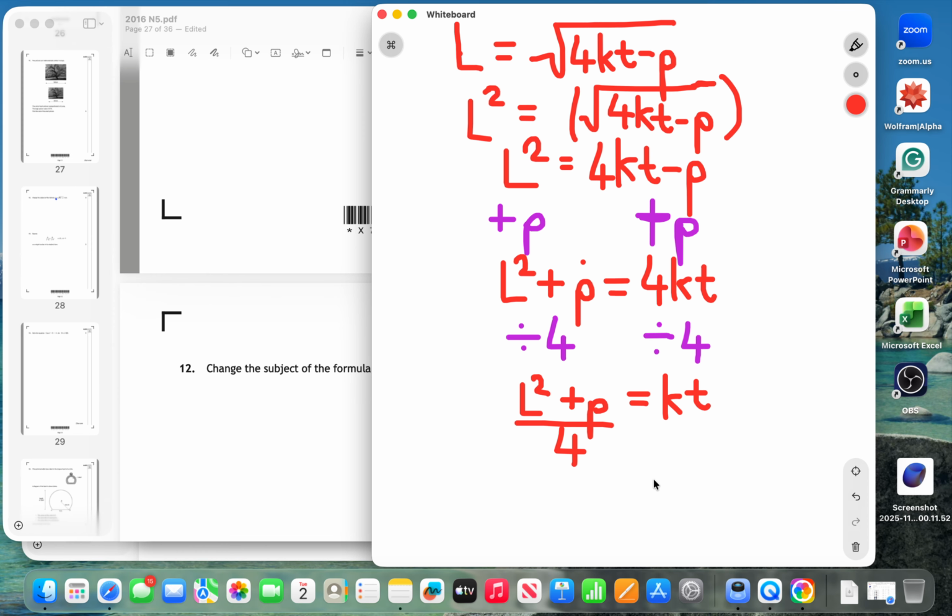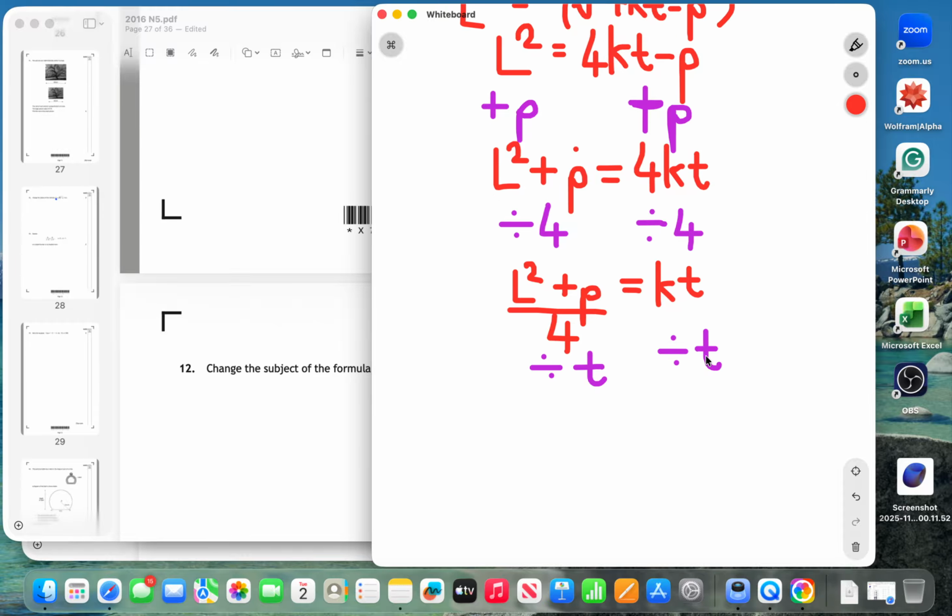One more thing, we're almost there, but we have k multiplied by t. So t is multiplying, so if we divide through by t, we cancel the t out of the right hand side and get k on its own. So we can write this as k equals L squared plus p over 4t.